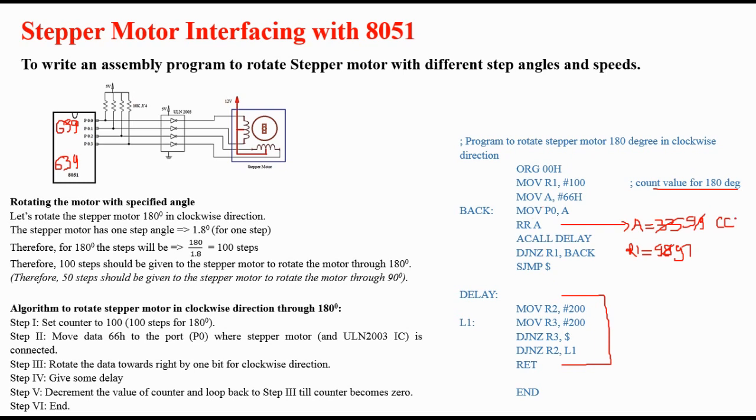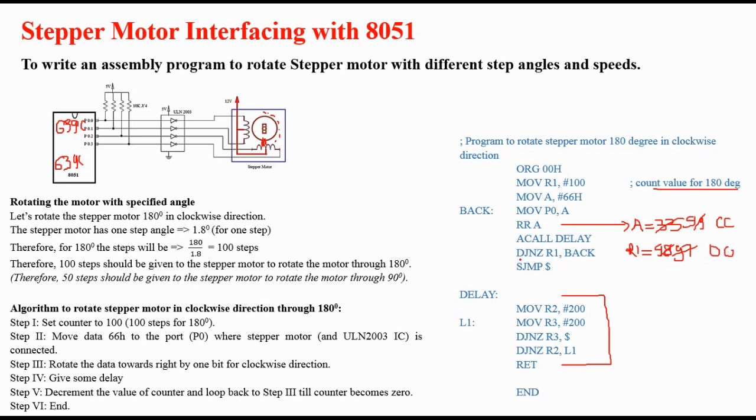So in this way we are moving the next value on this port, and that's why the motor will keep on rotating. So when the shaft of motor reaches 180 degrees, what will happen? During that time the content of R1 will become 00.